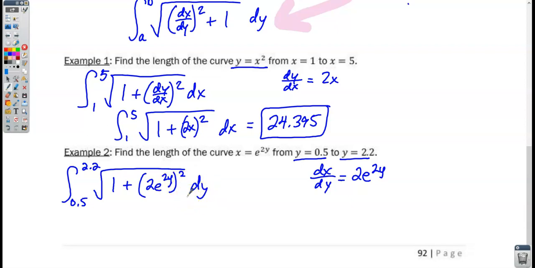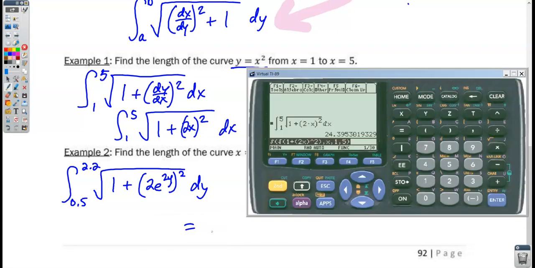And now I'm just going to go ahead and integrate that using my graphing calculator. And so we've got the integral of the square root of 1 plus quantity 2e to the 2y, close the exponent, close the quantity, square the quantity, close the radical with respect to y from 0.5 to 2.2.